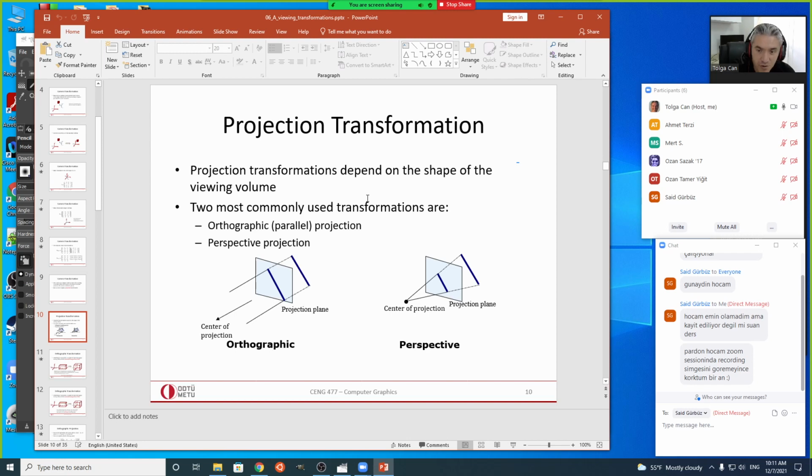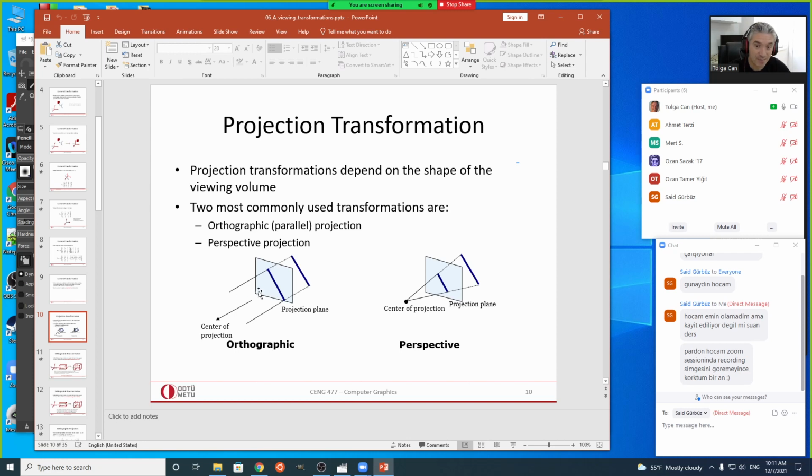Now, we haven't seen orthographic parallel projection yet. Orthographic parallel projection is like a degenerate case of ray tracing in which the eye point is at infinity. If we had the eye at infinite distance from the image plane, all the rays emerging from the eye would be parallel to each other.